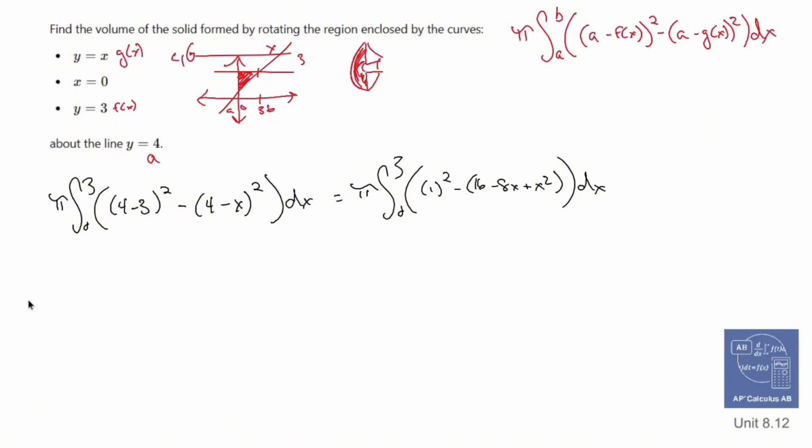Distribute that negative. So pi 0 to 3, 1 minus 16 plus 8x minus x squared dx.